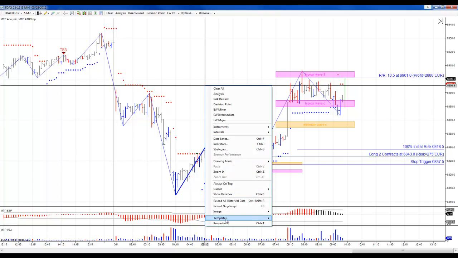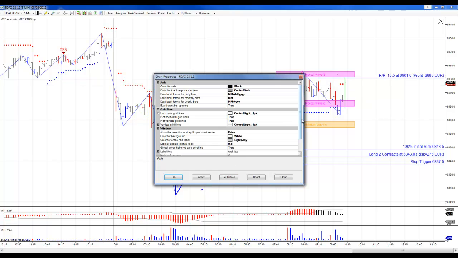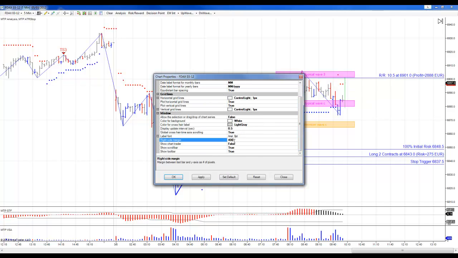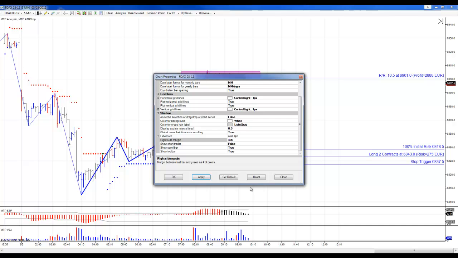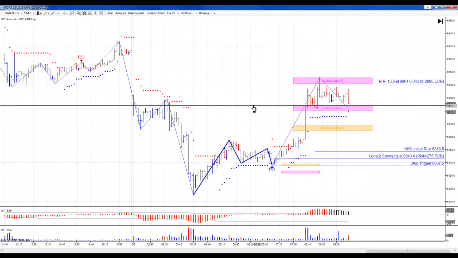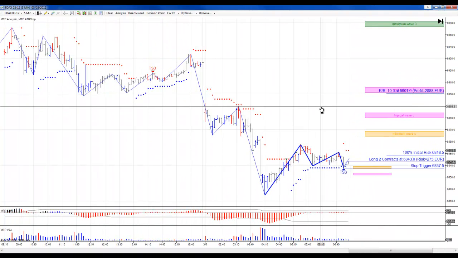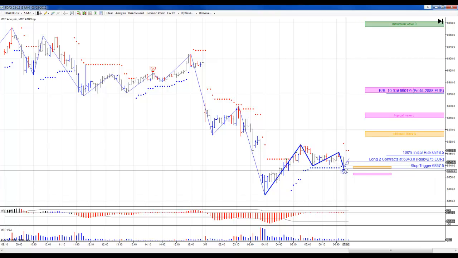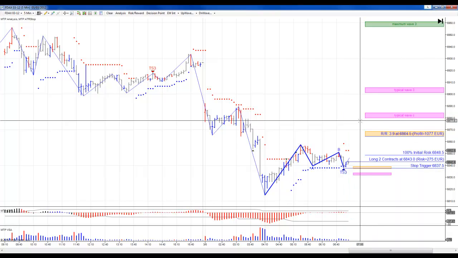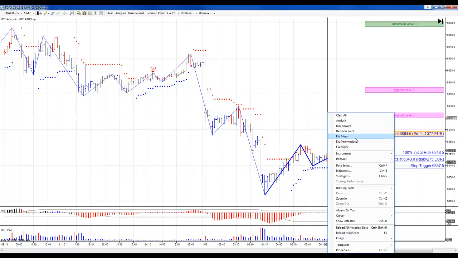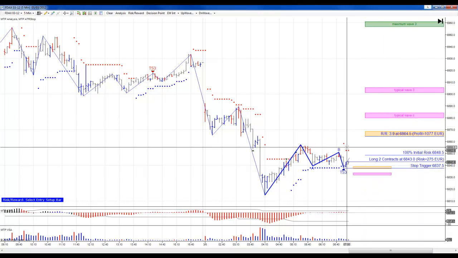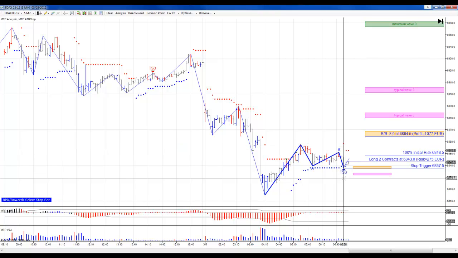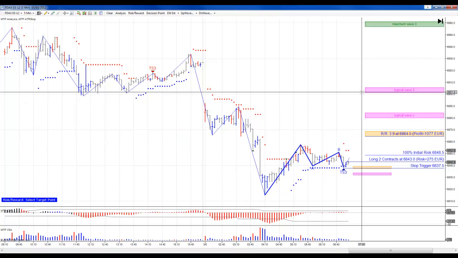So if I add some white space in here, and I take the chart back to the initial setup, which was here, you can see rather than aiming for the initial target here, we could actually say in advance we want to aim for this target up here.